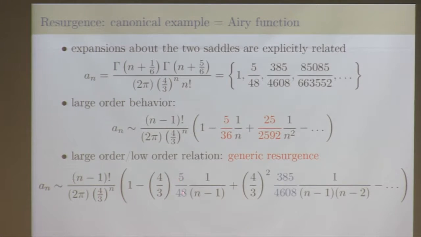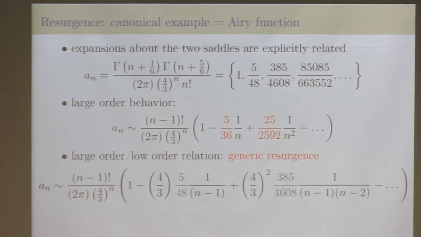So 4/3 times 5/48 is 5/36. So there's an extra factor of the action difference. But now the next term doesn't agree, but that's because it shouldn't be 1/n, it should be 1/(n minus 1). And the difference between 1/n and 1/(n minus 1) is of order 1/n squared. So once you add that extra bit and put in 4/3 squared, now you see that number.